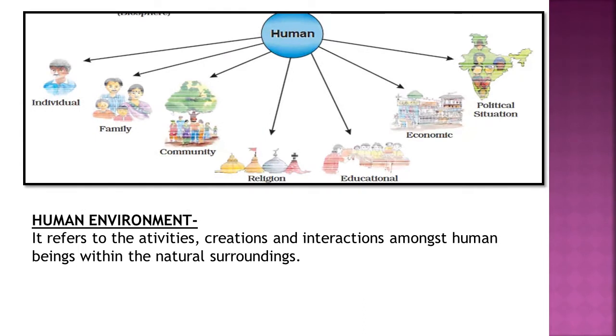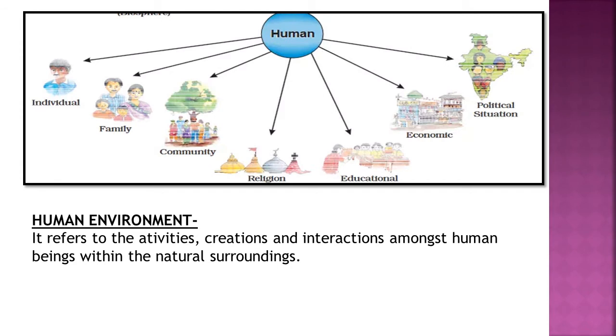Now, the third component is human environment. First of all, human environment includes the human beings, and it includes anything that is modified by human beings so that their life becomes easy. These are things which cannot be seen and cannot be touched, like family, the relations in the family, how we live, how we talk.